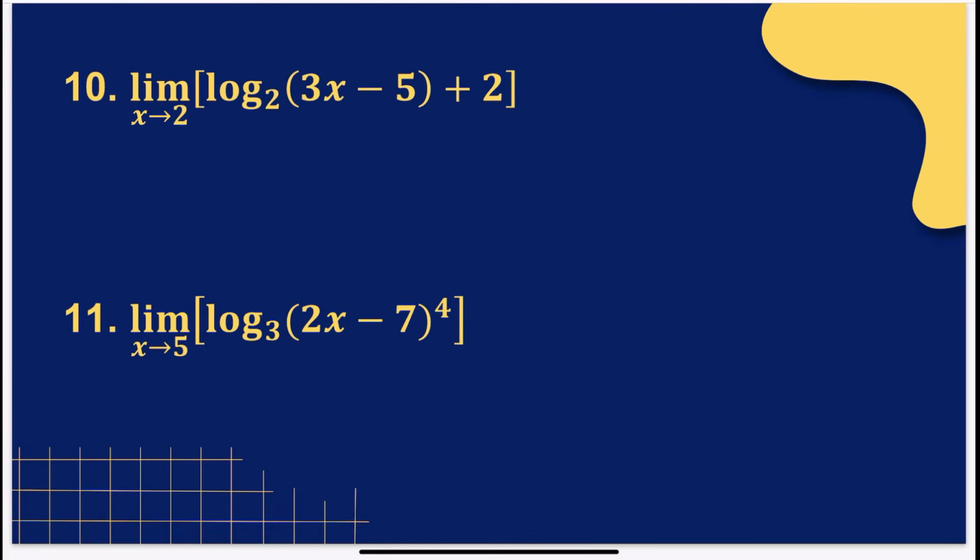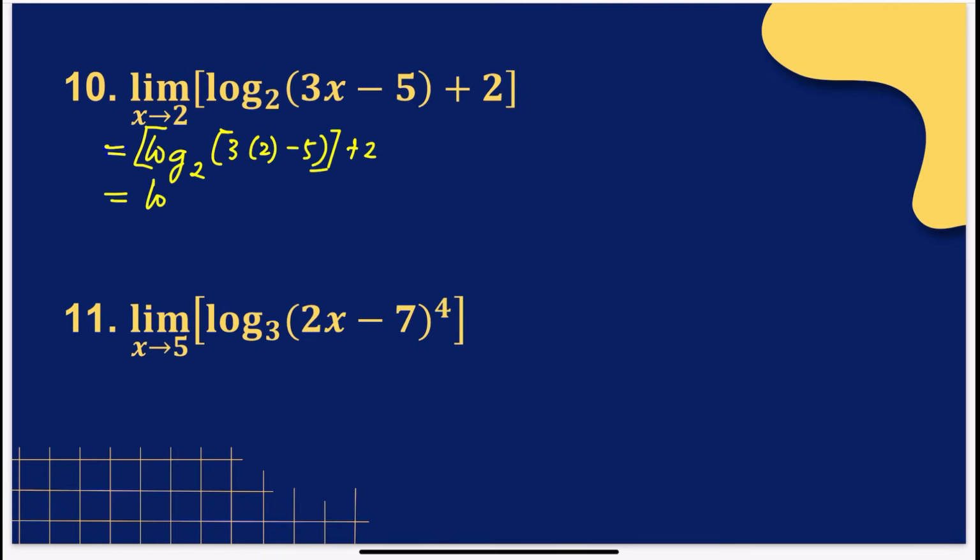So the logarithm of 2 raised to 3 to the base of 2 is equal to 3. Example number 10. The limit of the logarithm of 3x minus 5, plus 2, to the base of 2, where x approaches 2, is equal to the logarithm of 3 times 2 minus 5, plus 2, to the base of 2.